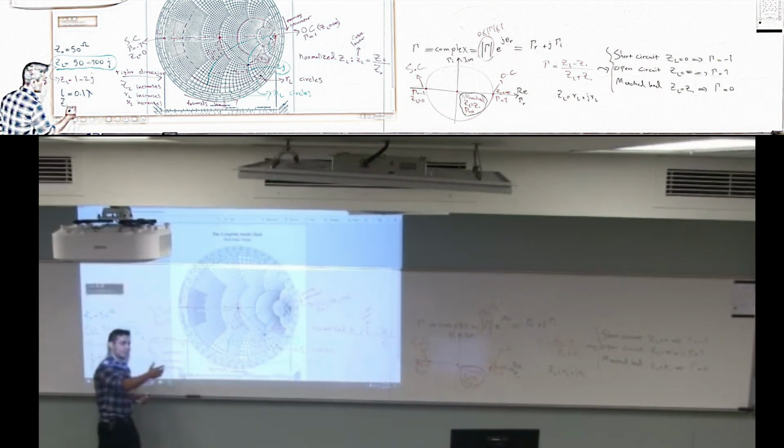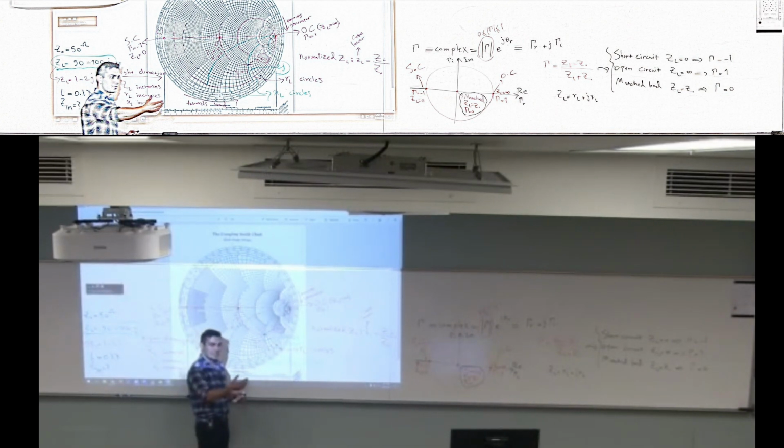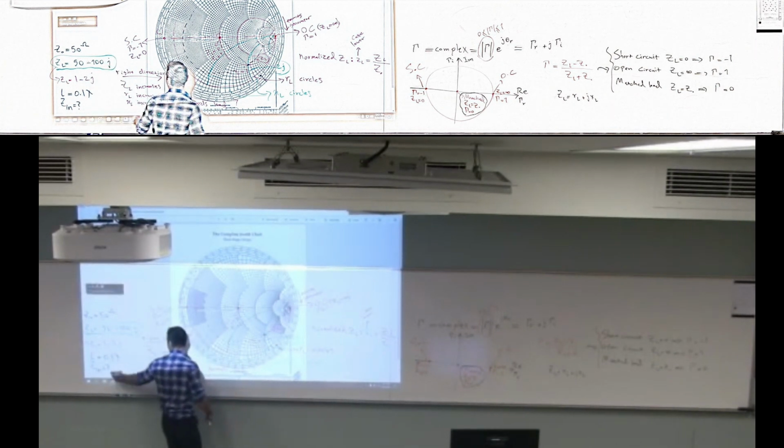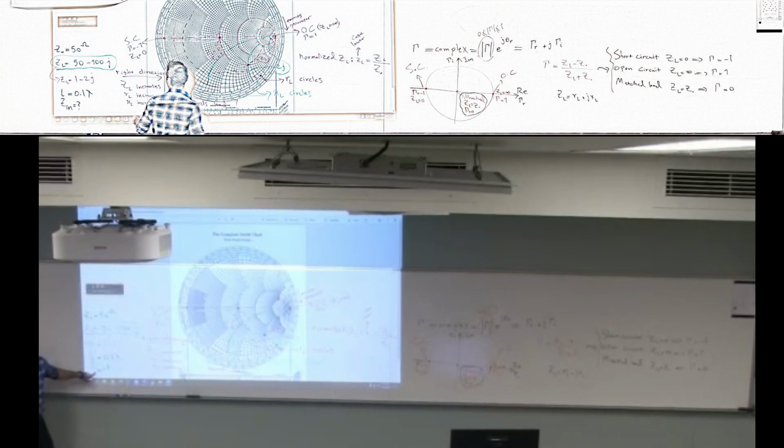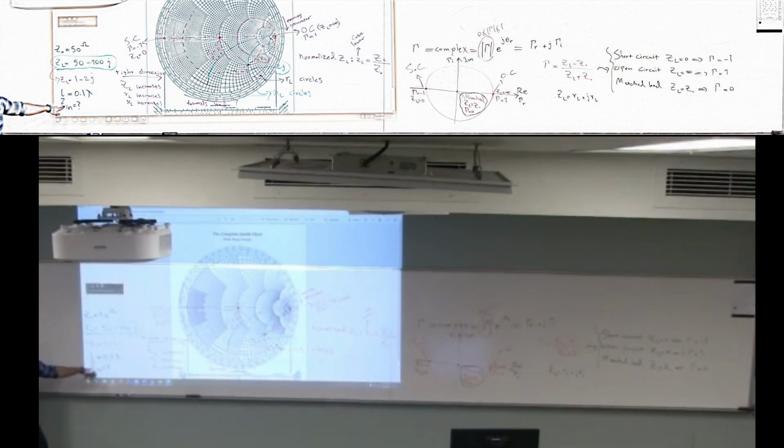That means after traveling the distance of 0.1 lambda, what is the input impedance seen from that point? Even if it doesn't say that the length of the transmission line is L, if it says the length of the transmission line is like 2 lambda, but find the impedance that you see from the distance of 0.1 lambda, you just simply move on the transmission line in the direction towards generator.